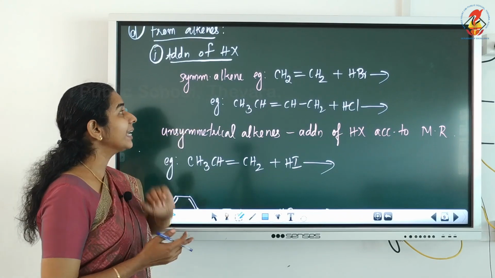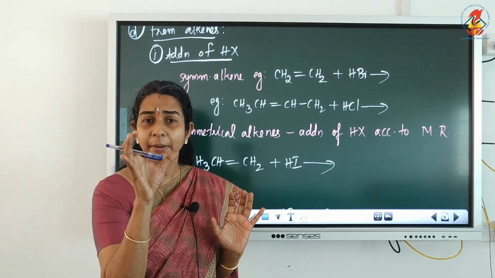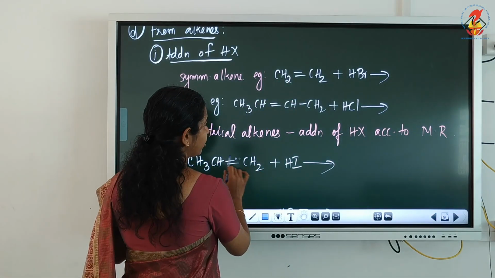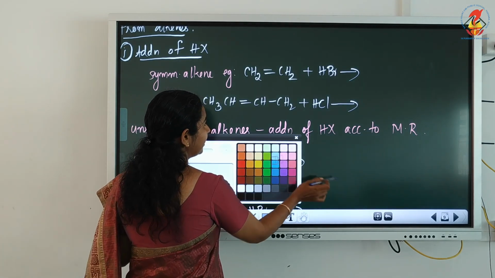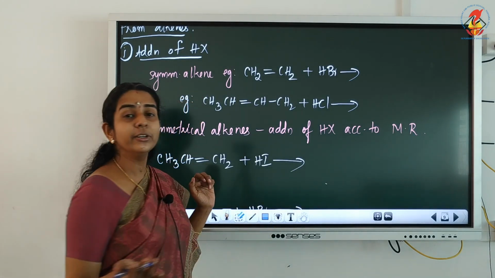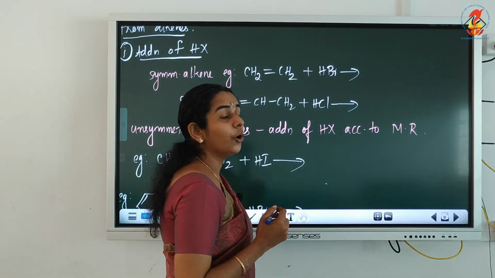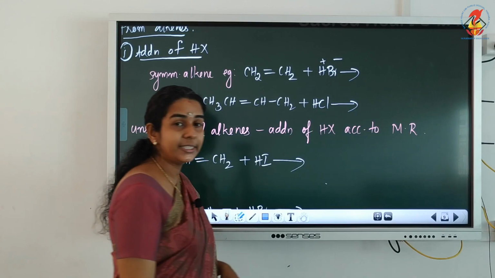If it is a symmetrical alkene, the double bond will be present between the same type of carbon atoms. For example, CH2=CH2 on adding HBr. In the case of symmetrical alkenes, there is no need to see Markovnikov's rule. HBr on ionization gives H+ and Br-.